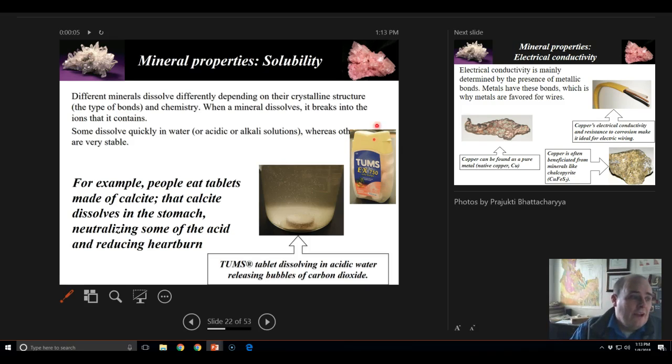Calcite is also in your teeth and bones, so our bodies need it all the time. So we extract that calcite from minerals like limestone and put it into our bones. We have calcium in our milk, our Cheerios, toothpaste, and so on, to strengthen our bones.